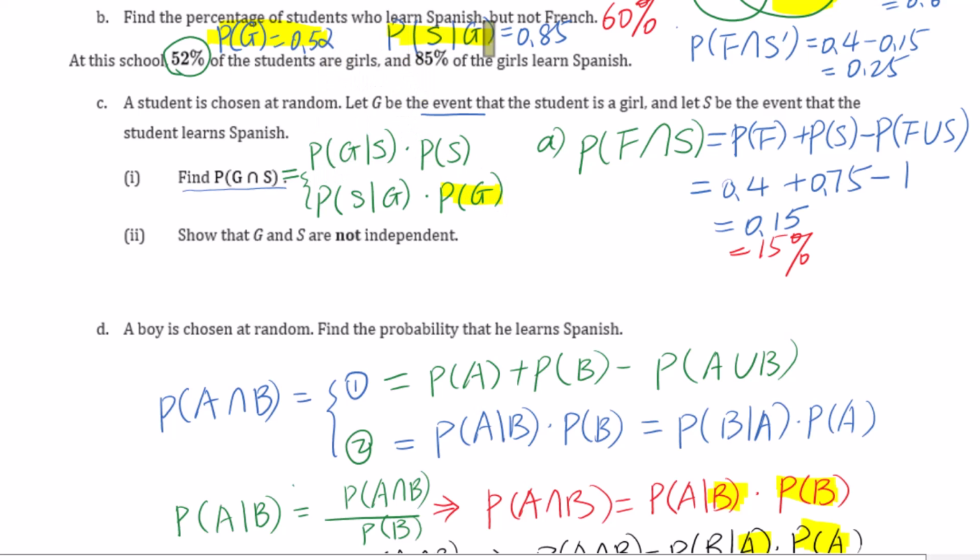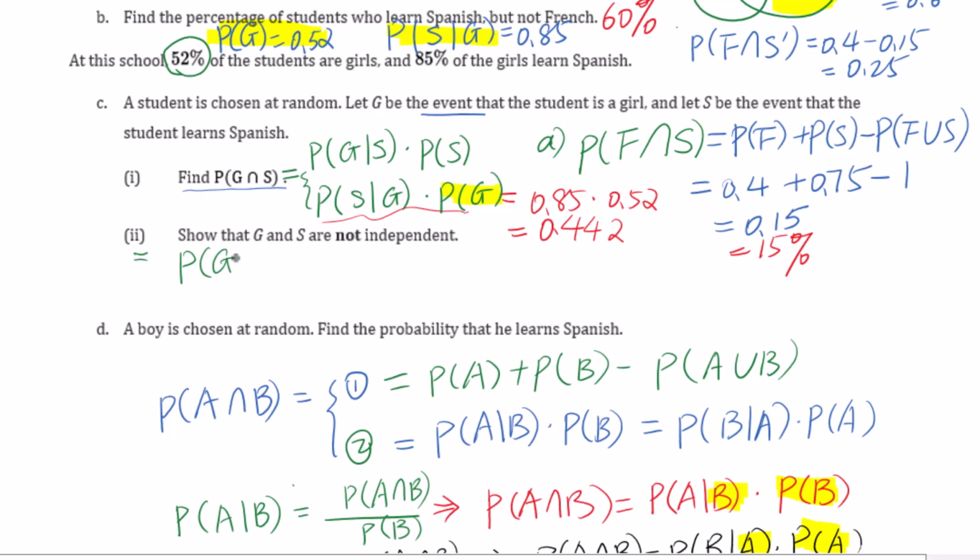Probability of S given G is 0.85. So we can use this formula that equals 0.85 times 0.52, 0.442.